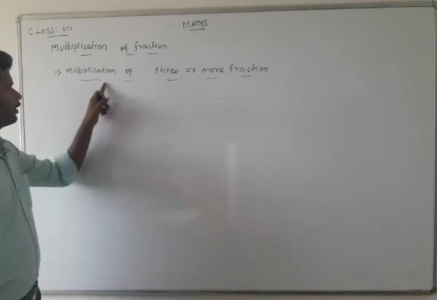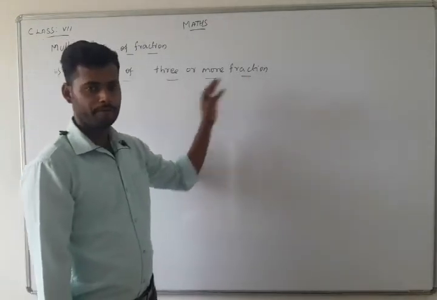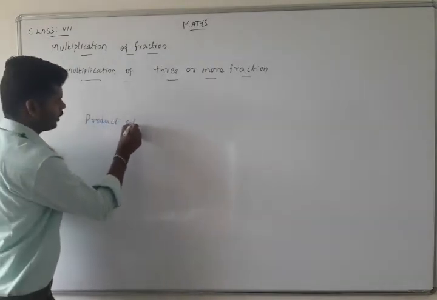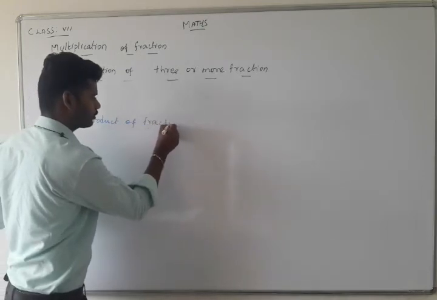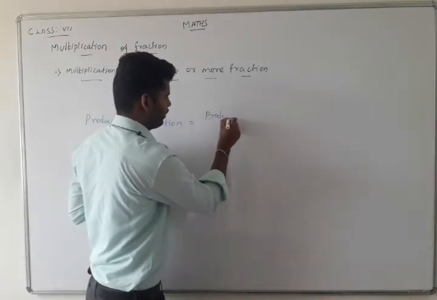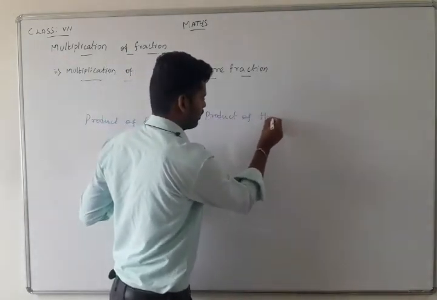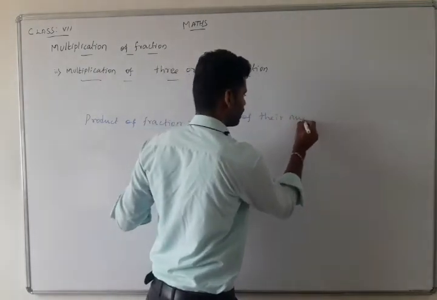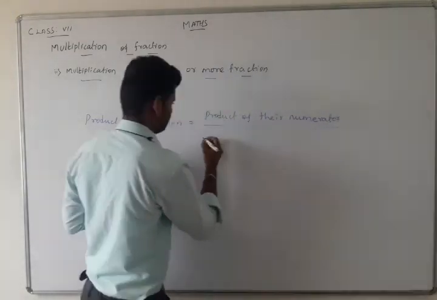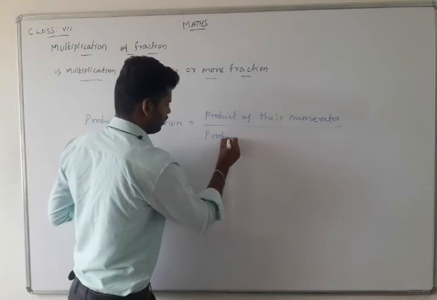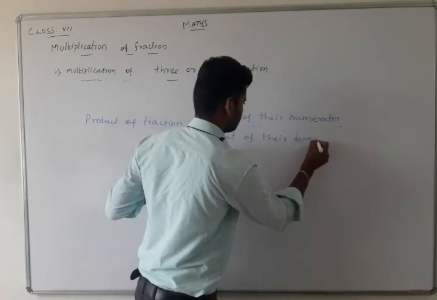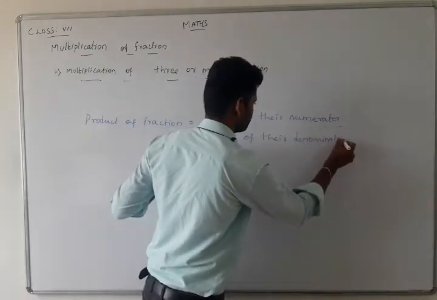Next one, multiplication of 3 or more fractions. This one: product of fractions equal to product of the numerators divide product of the denominators.